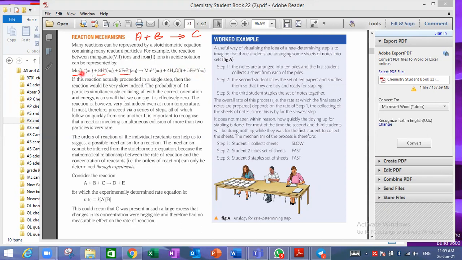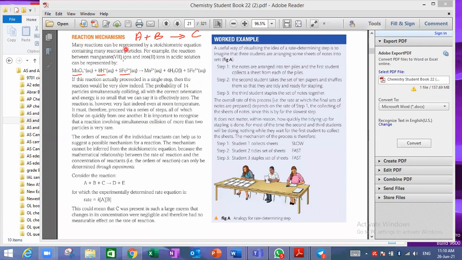They cannot collide together in only one single step. That's why we say our reactions have reaction mechanisms. Mechanism means that such a reaction doesn't happen in one step. It happens in more than one step. And during these steps, every product will be formed in a different step than the other. But the overall equation will give us the whole products.